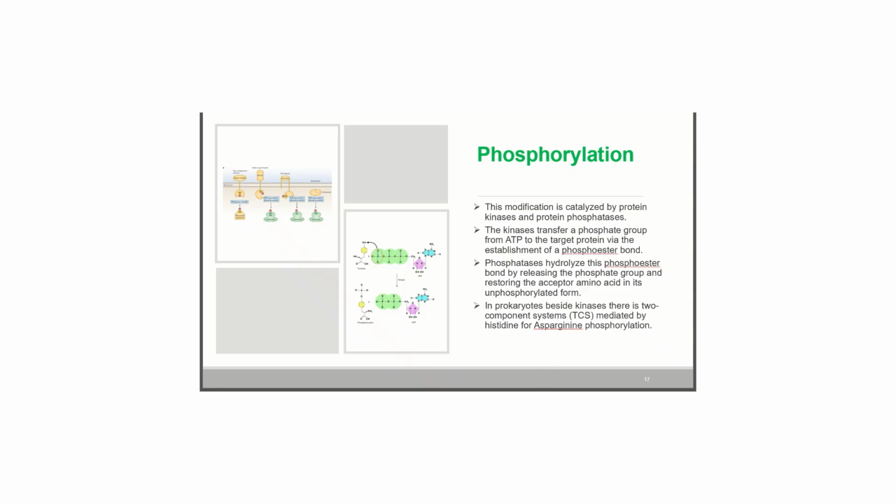The two-component systems are linear signal transduction systems. The signal is transmitted via histidine autophosphorylation of the sensory kinase and aspartate phosphorylation. So the histidine is a mediator in the phosphorylation of asparagine.